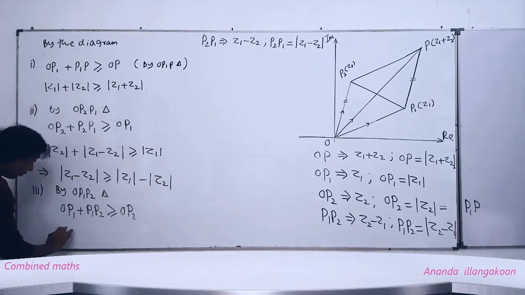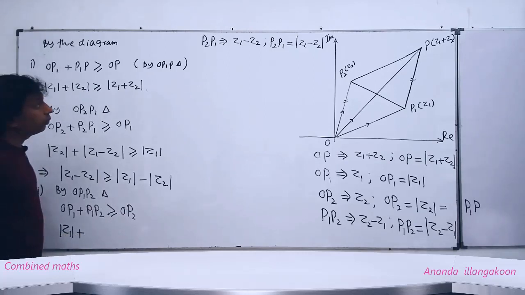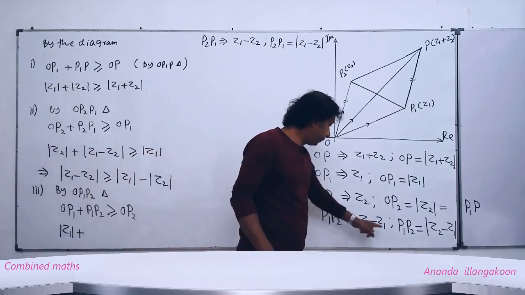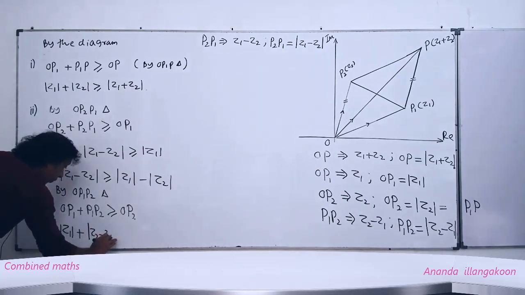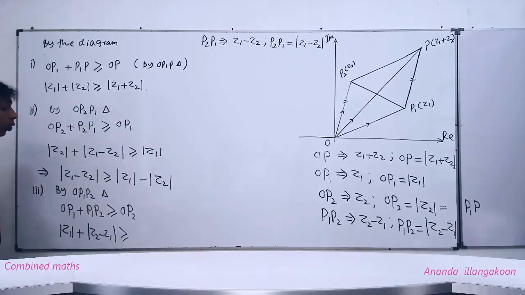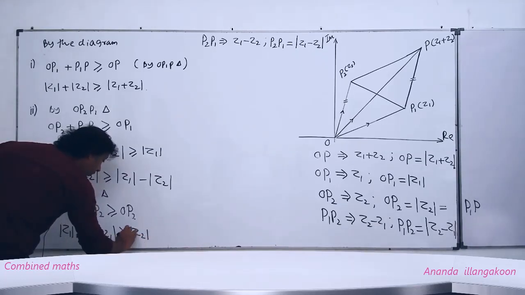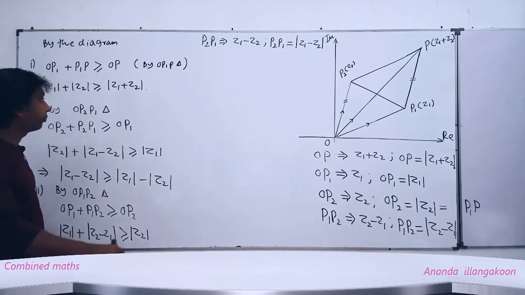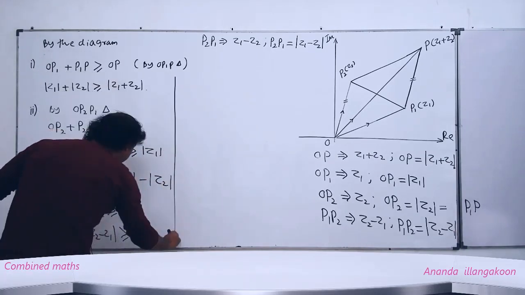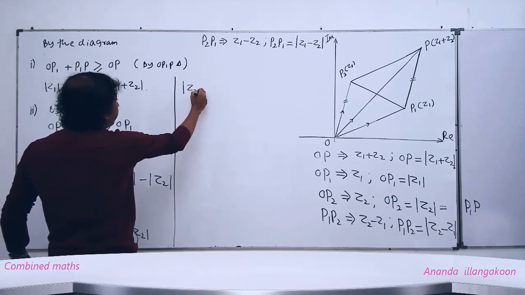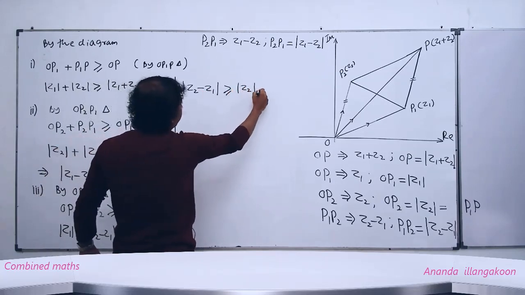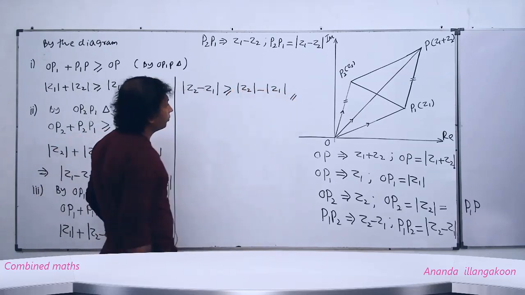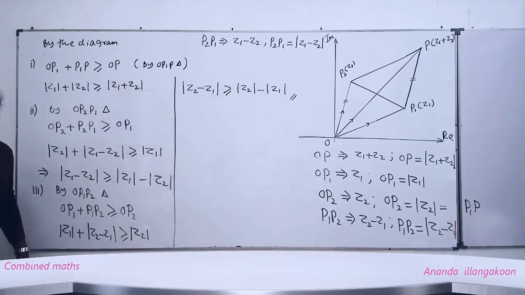OP1 is mod Z1, and P1P2, you know people, P1P2 is mod Z2 minus Z1, greater than or equal to OP2, mod Z2. Right. Then you can subtract this: mod Z2 minus mod Z1. That way we get the third answer.